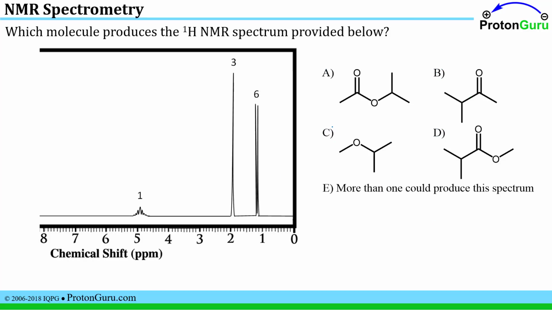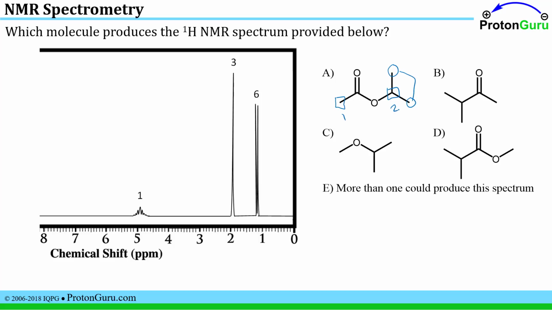Now let's look at a fairly tricky problem, but one that's been featured in various forms on different standardized tests over the years. If we look at all these different choices, you'll find that each of them has a methyl group and an isopropyl group, and something else in between separating those two groups. But because of that, each of these compounds would have 3 signals in the proton NMR spectrum.